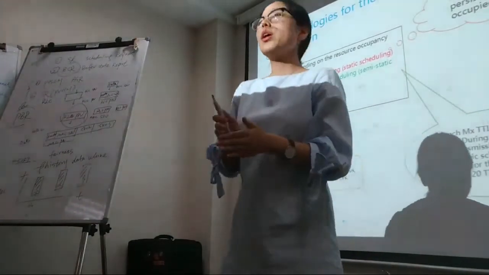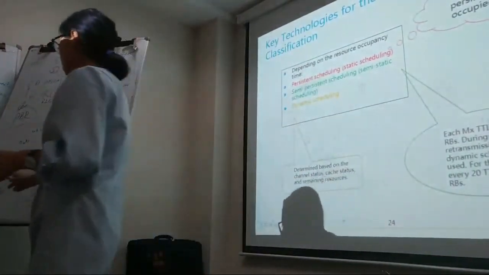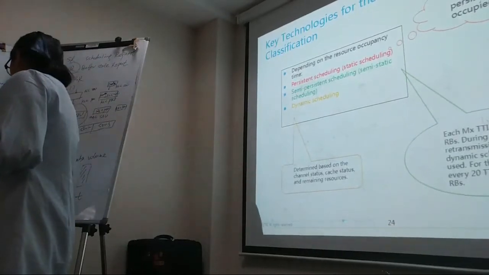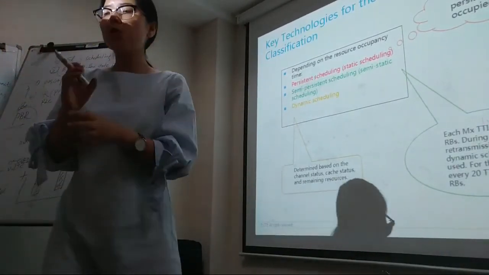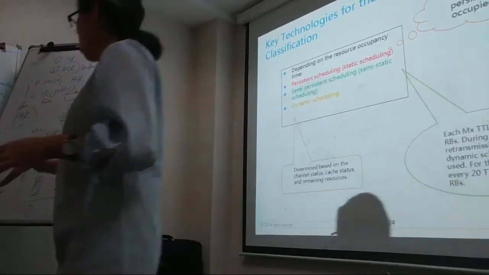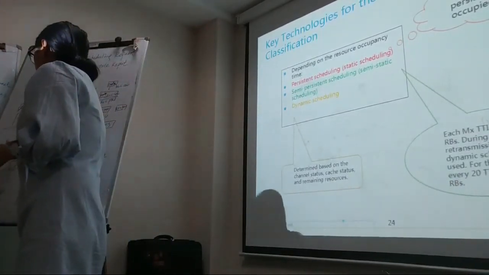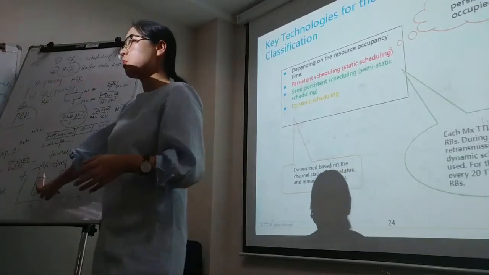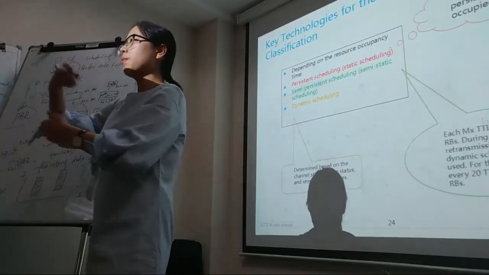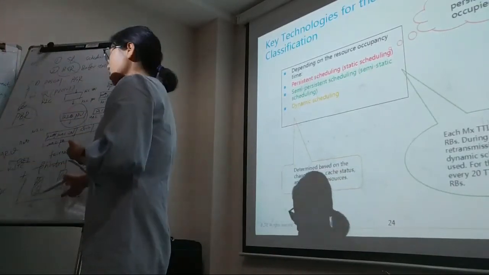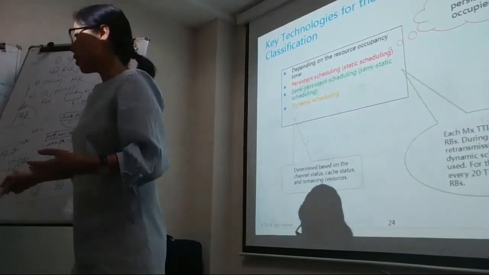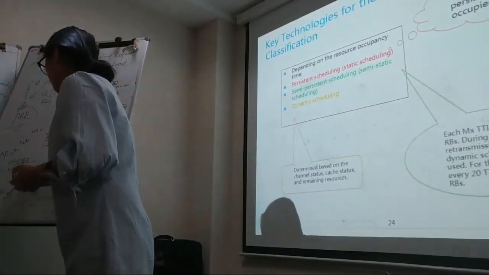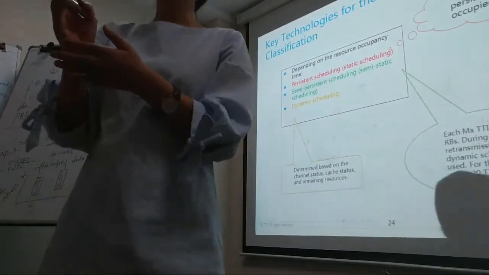But when we use the SPS for the voice, we know that in this procedure we will use HARQ. For example, you transmit this packet, it feeds back ACK, you transmit the next packet. But if the feedback is NACK, that means you need to retransmit again.